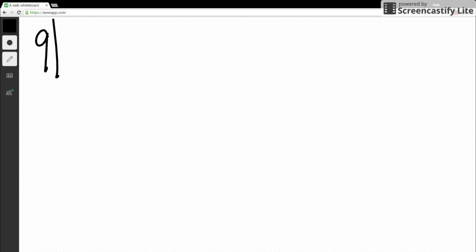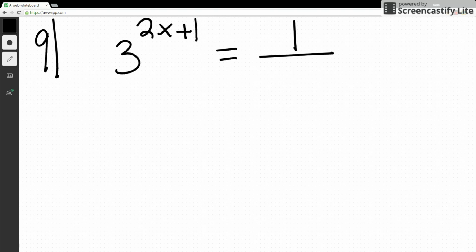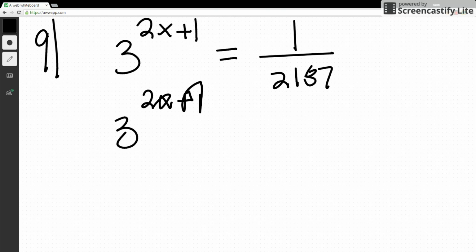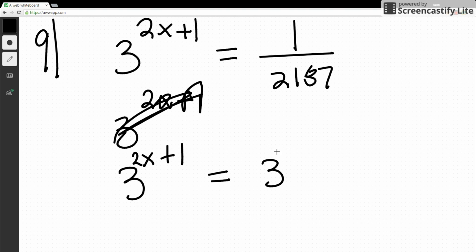So if I go 3 to the 2x plus 1 equals 1 over 2,187, and I work that out on my calculator a little bit, this equals 3 to the -7.